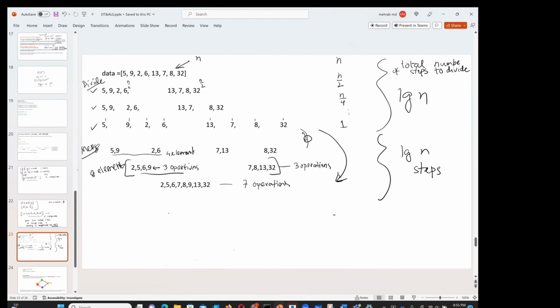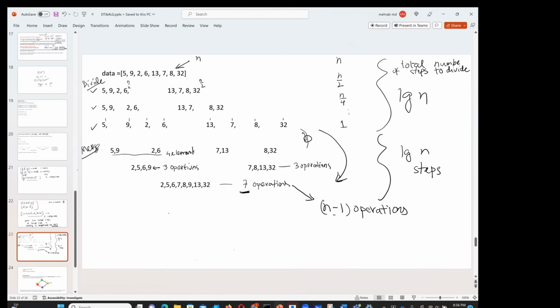Just think about this one. There are 8 elements, right? How many operations do I need? 7 operations, right? So in this step, I needed n minus 1 operations. Yes. In this step, I needed n minus 1 operations.